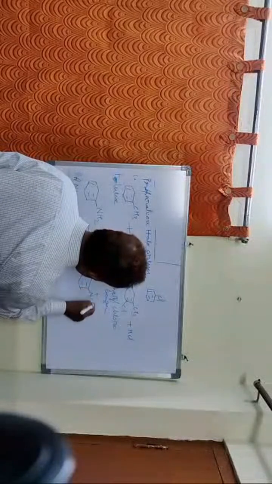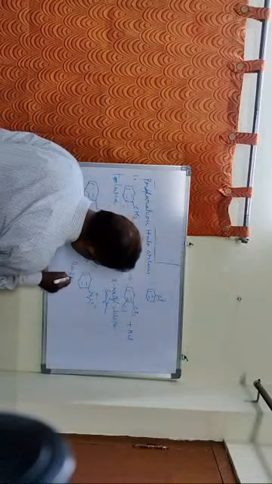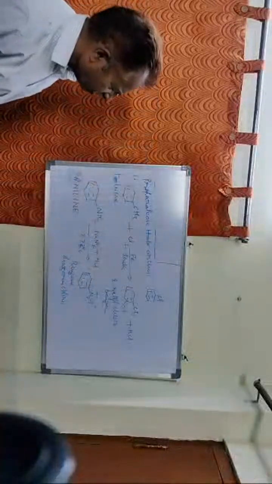N2Cl, that is N2 plus Cl minus. What is this substance? Benzene diazonium chloride.